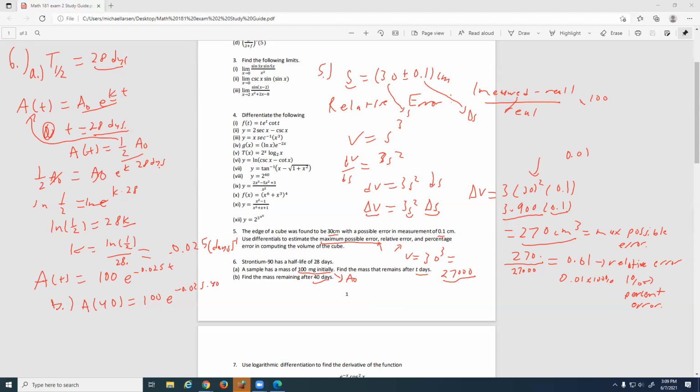Plugging that into my calculator. Let me go ahead and do this. e to the answer, and then multiply that by 100.